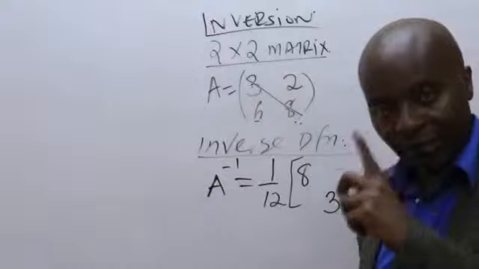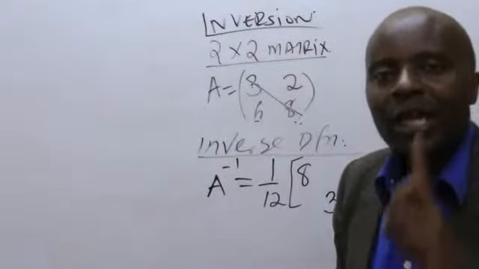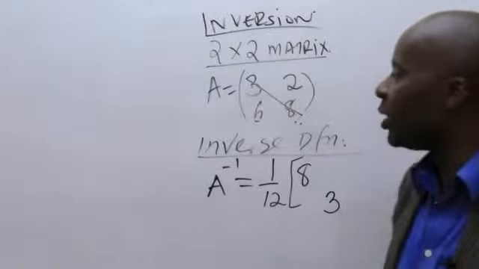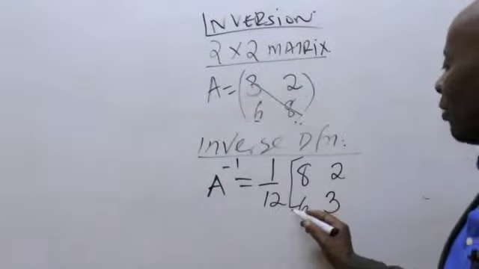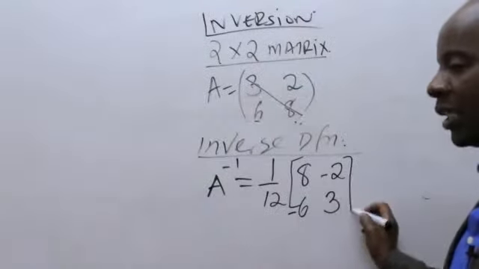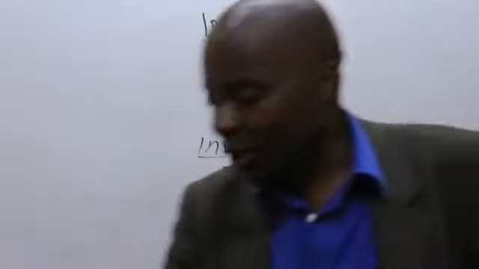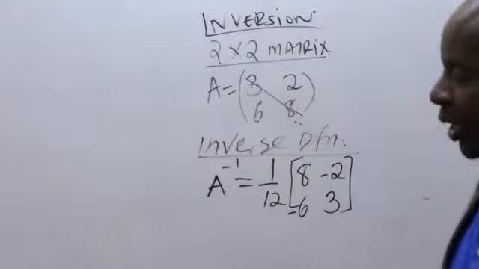We shall leave them in their respective positions, but change their signs. So these secondary elements, we leave them where they are, 2 and 6. But now we have to change their signs like that. They were positives, now they become negatives.